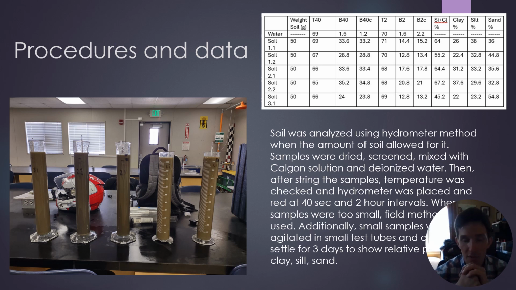And by using these readings against a reading of a hydrometer in clear deionized water, we can then calculate the percentage of silt, clay, and sand.